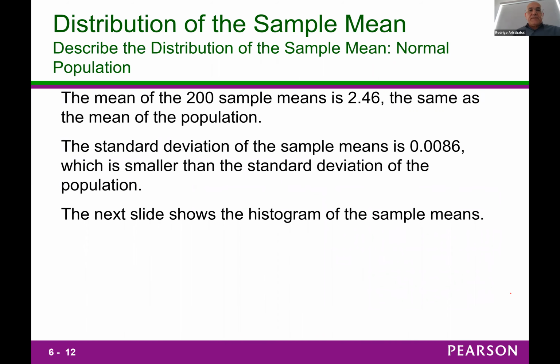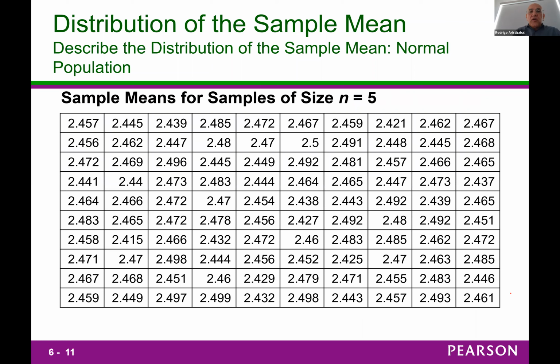Actually, the mean of this distribution, when we analyze all of these values, if we want to compute the mean of all the means, let's assume that this is a population. But it's not a population, it's only 200.